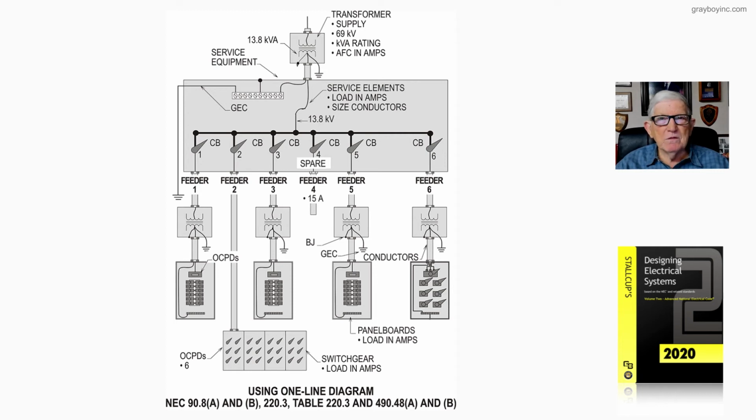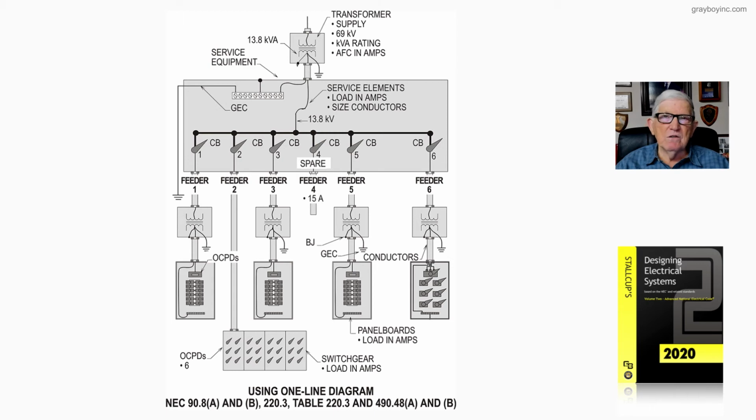Warning labels, 110.21B. Energized live parts, 490.35A. Visual inspections through a window sill, making visual inspections, 490.40. And switchgear that is used as service equipment, 490.47.